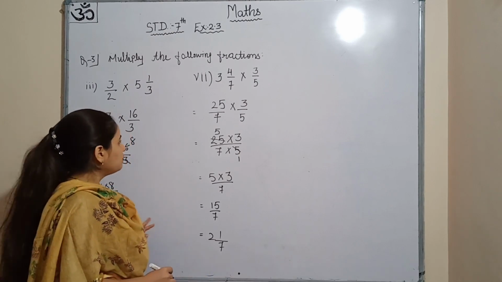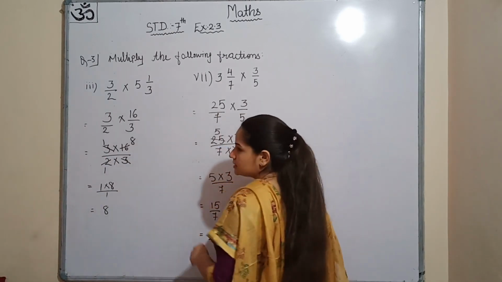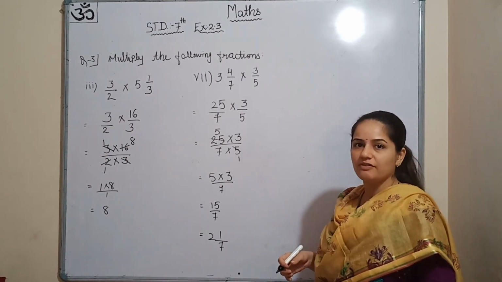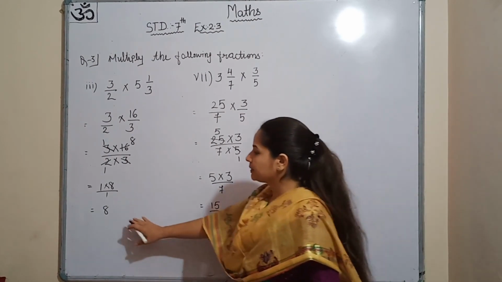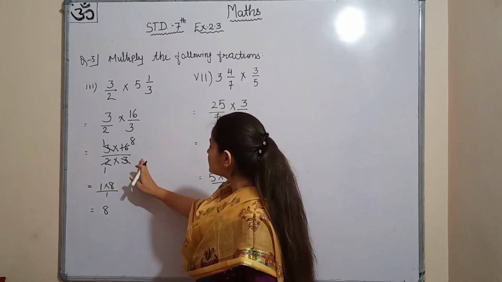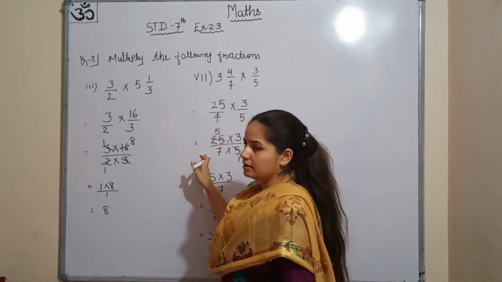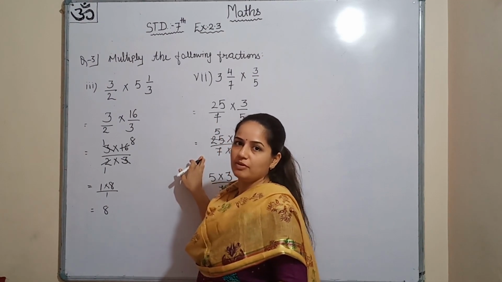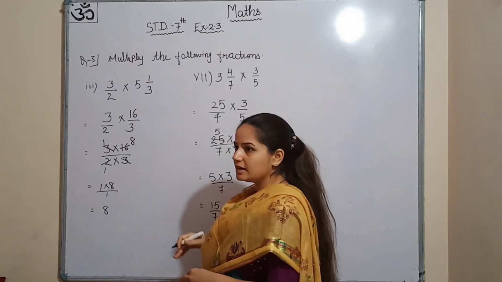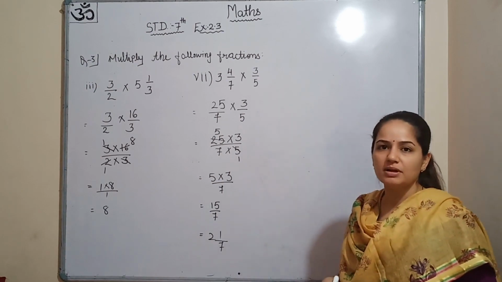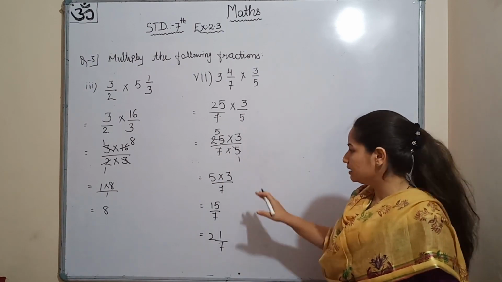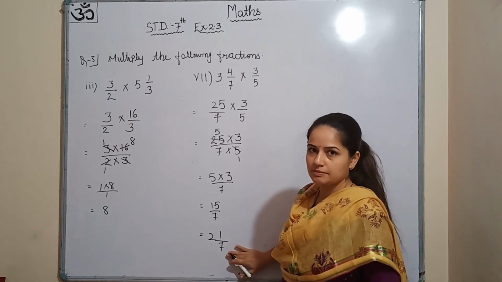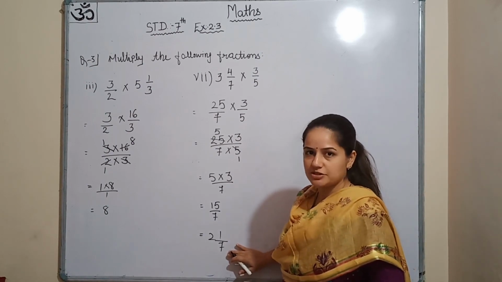In both these sums we have cancelled the common factors and multiplied the remaining factors to obtain the final answer. So this cancelling gives the lowest or the reduced form of the given fractions.